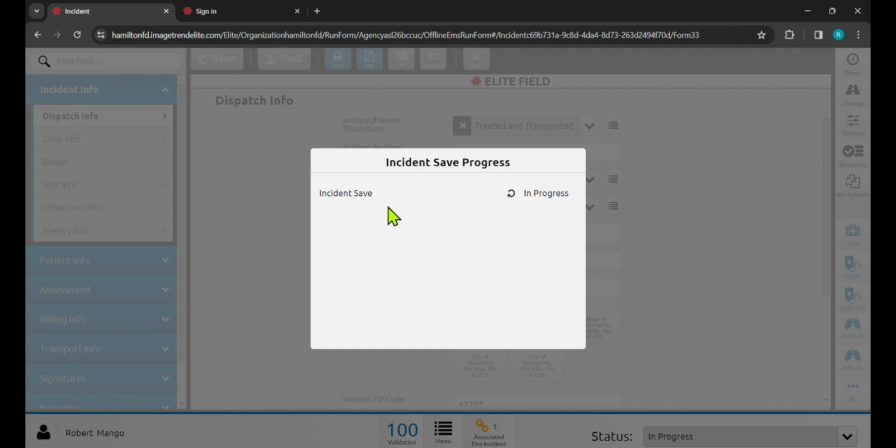And it's going to go through a process here. And sometimes this may take some time. And I think this is just a product of we have a field-based, a cloud, and an internet-based software. It is kind of just syncing everything.